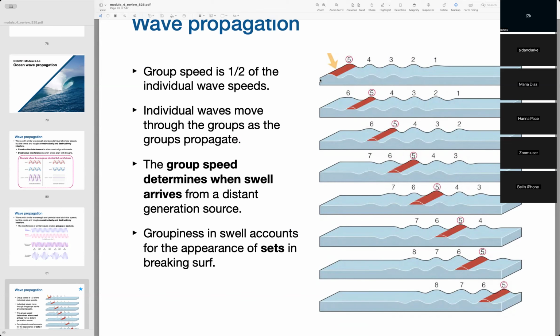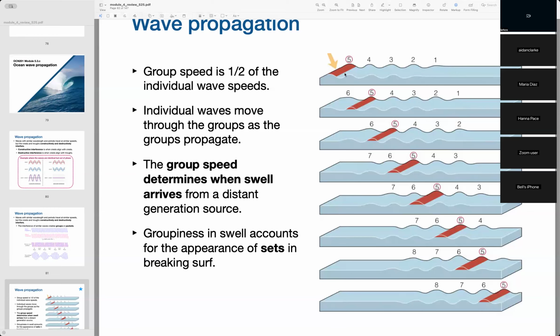The speed of that package is determined by the group speed, as it's called. That will determine when the swell actually arrives from the distant generation region. This is the speed with which the energy propagates rather than individual crests. And for the deep water waves, that group speed is half of the speed of the individual waves.